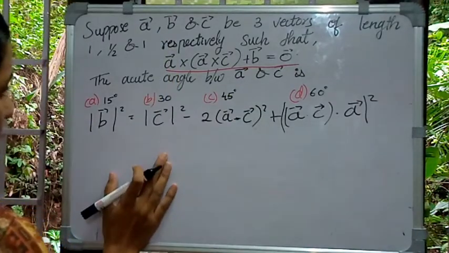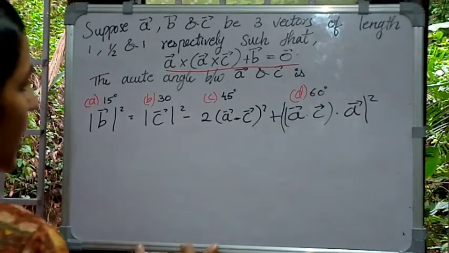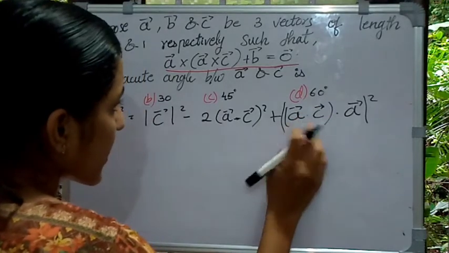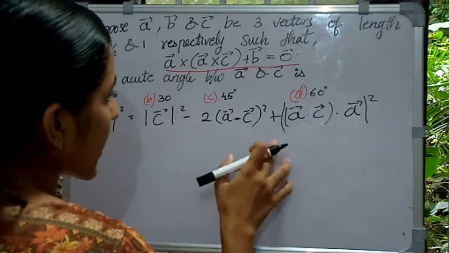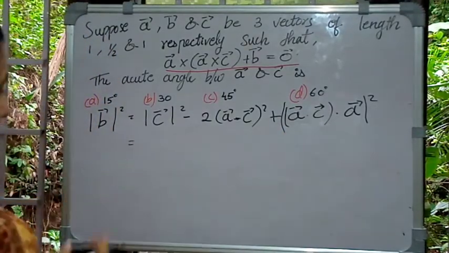Now we need to substitute the values of vector A, vector B as well as vector C into this equation, as well as we need to write this A dot C in a form, that is AC cos theta, by avoiding this dot sign.